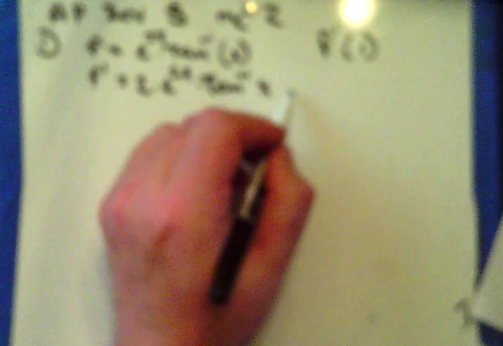f equals e to the 2x tan inverse x, and we want f prime of 1. We need the derivative, which requires the product rule. 2 times e to the 2x tan inverse x plus e to the 2x times 1 over x squared plus 1. That's f prime of x. We need f prime of 1, which is 2e to the 2 inverse tangent of 1 plus e to the 2 over 2.